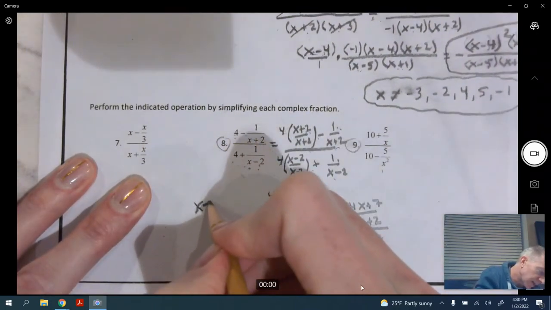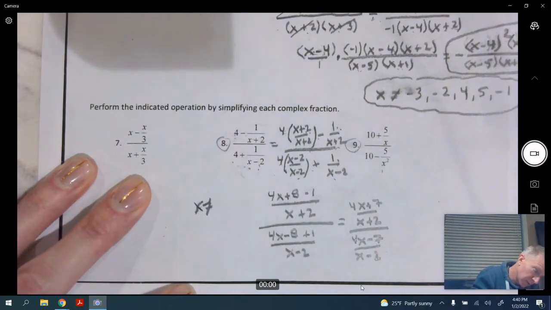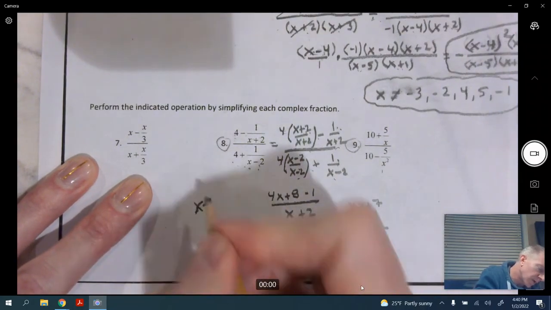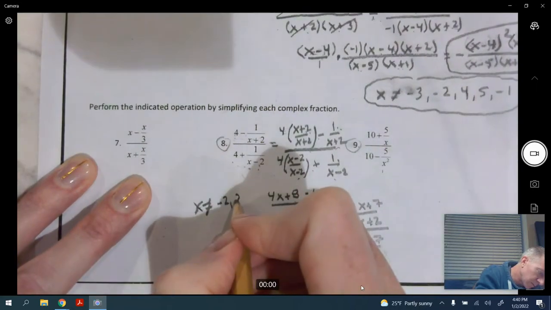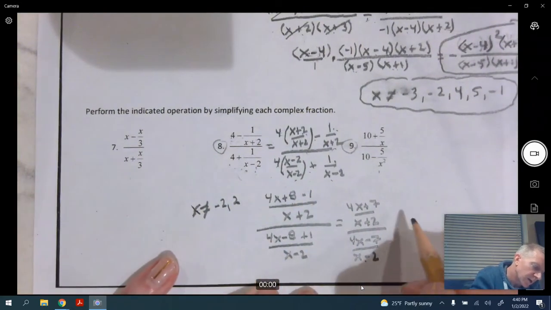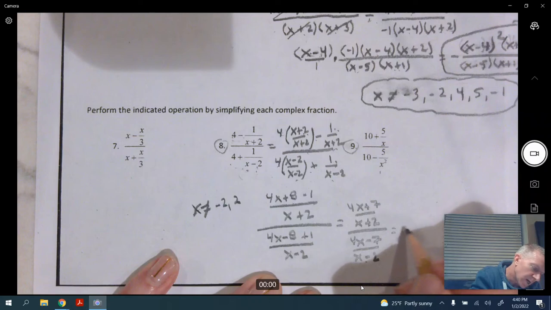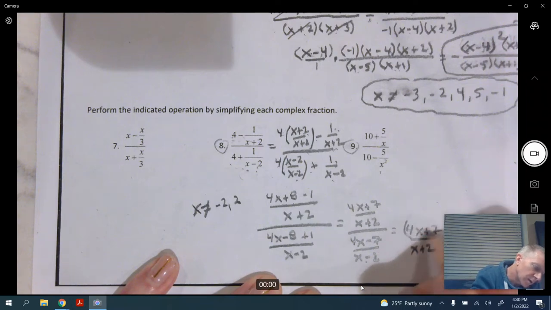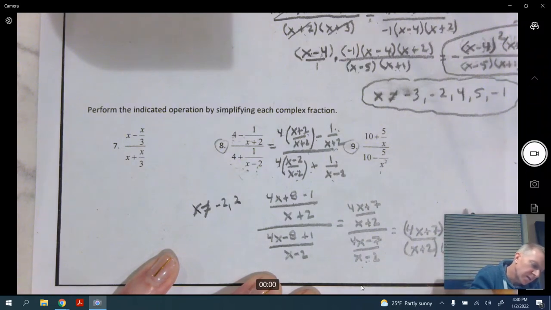Okay, let's figure out any restrictions. So x cannot equal negative 2 or positive 2. Okay, but now we've got the top 4x plus 7 over x plus 2, and we're going to multiply by x minus 2 over 4x minus 7, and nothing cancels, so that's all that we can do there.